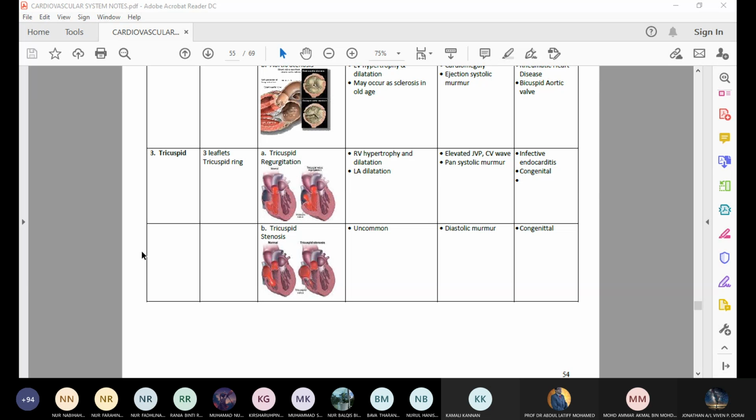Okay. So let's talk about valvular heart disease in general. Okay. So what happens when you get valvular heart disease?